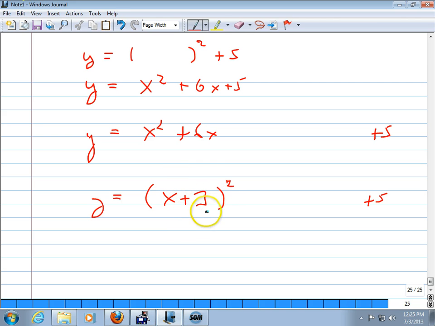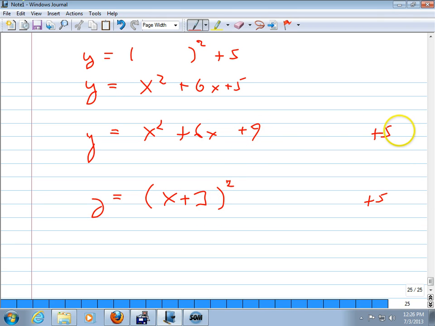If I FOIL this out, what do I get? X squared plus 6x plus 9. Oh, okay. So I have to say, all right, this is the same as this plus 9, but now I've changed the problem.